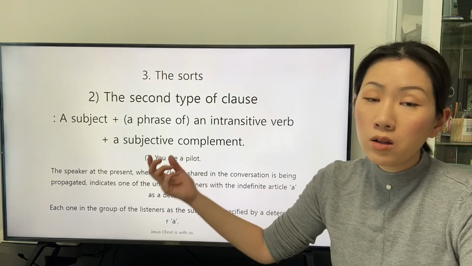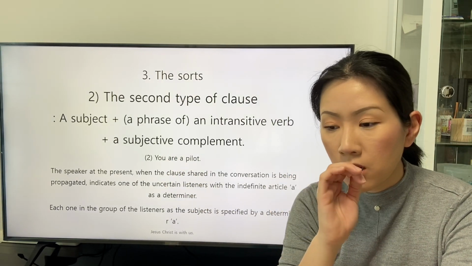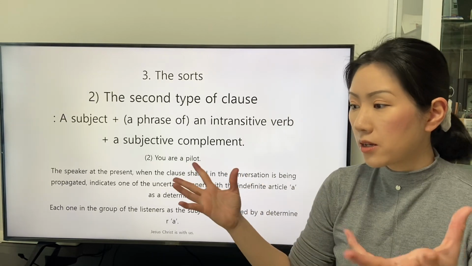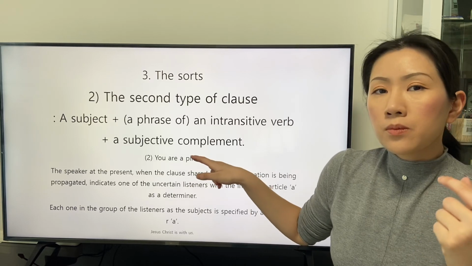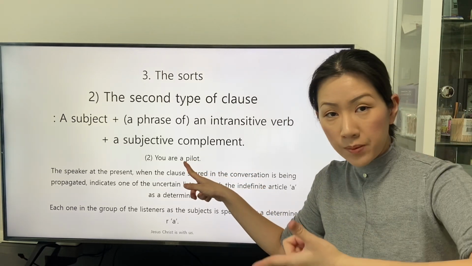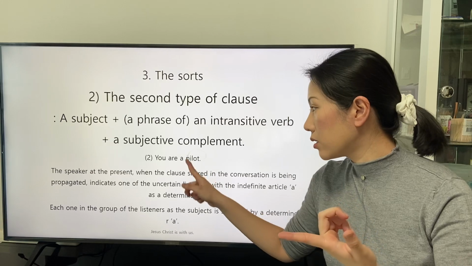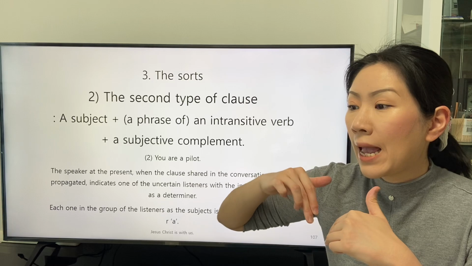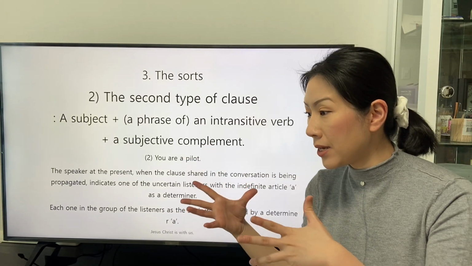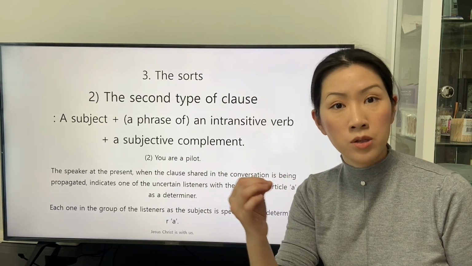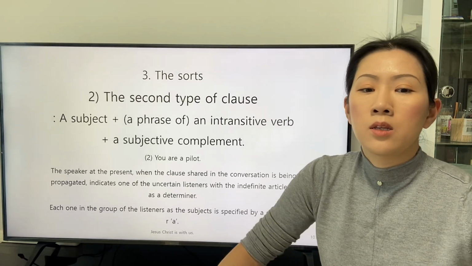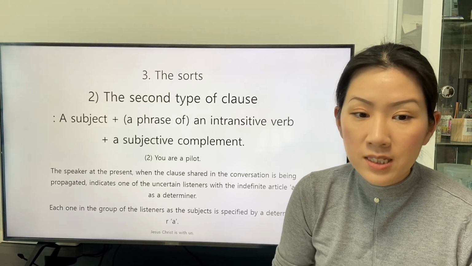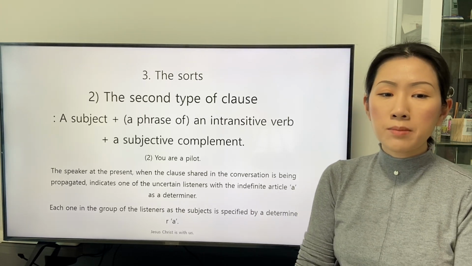The determiner "a" gives the listeners the information that the described subject is one of any subject that can be indicated by the general noun pilot. Each one in the group of the listeners as the subject is specified by a determiner "a."